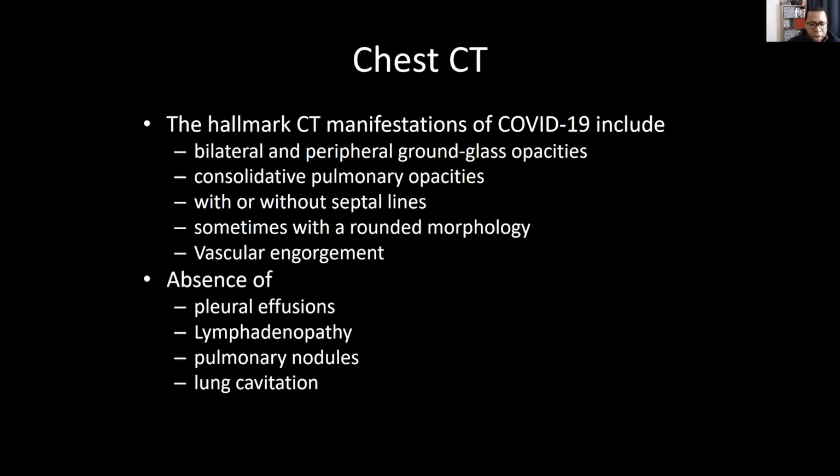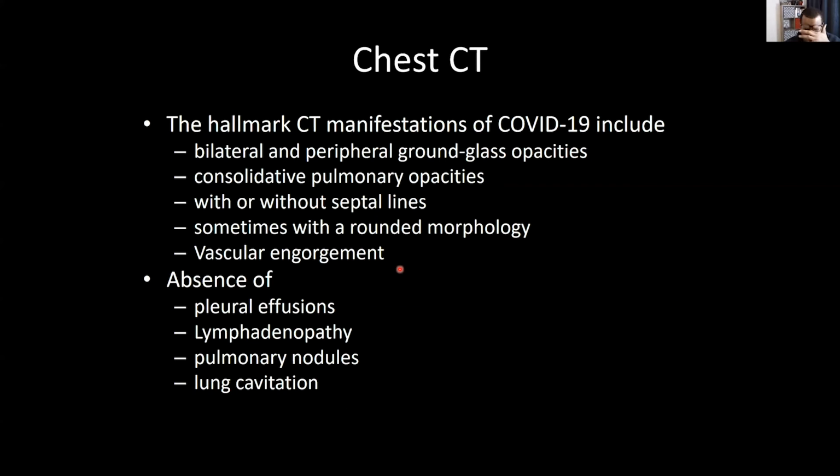So early on, as we started to compile cases, predominantly from China, people started to describe the hallmark CT features of COVID-19. And they include on chest CT bilateral and peripheral ground glass opacities, consolidative pulmonary opacities with or without septal lines. Sometimes they have a rounded morphology, and this vascular engorgement, like I showed you.